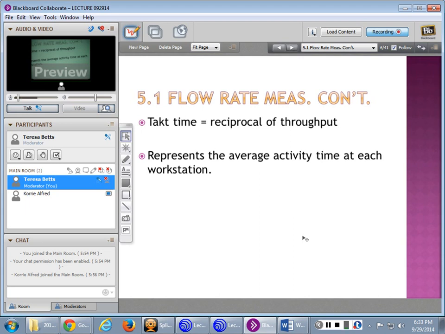Throughput is units per time. Takt time is time per unit. And it represents the average activity time at each workstation, because if my activity time at a given workstation is longer than takt time, it's not coming off the production line at that drum beat that I need it to meet customer demand.